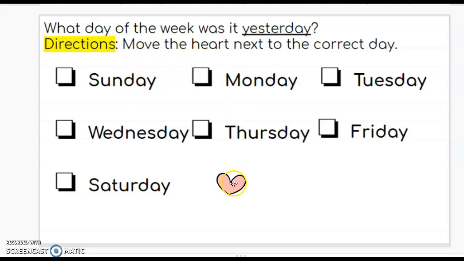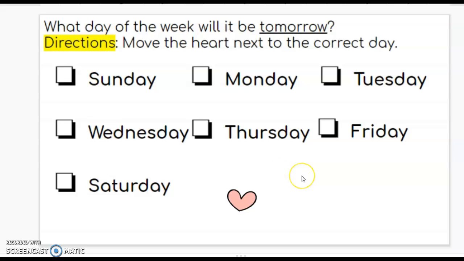Sunday comes before Monday. So that means yesterday was Sunday. On to the next slide. What day of the week will it be tomorrow? So if today is Monday, that's usually where we always start to get the correct answer. The day that comes after Monday is Tuesday. So let's move that heart to Tuesday.